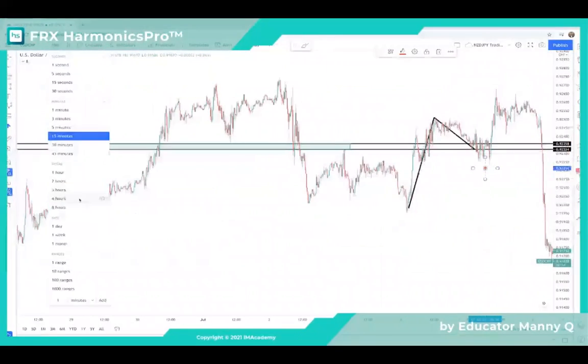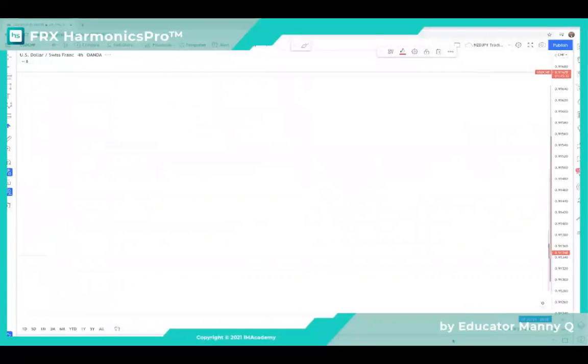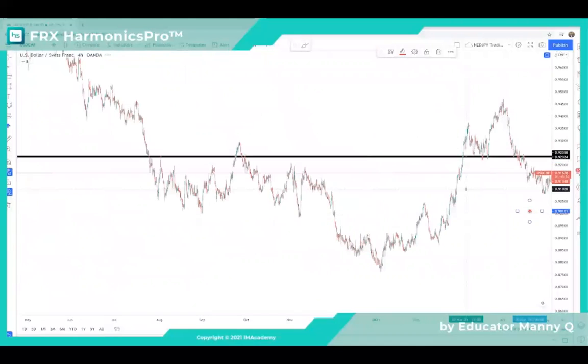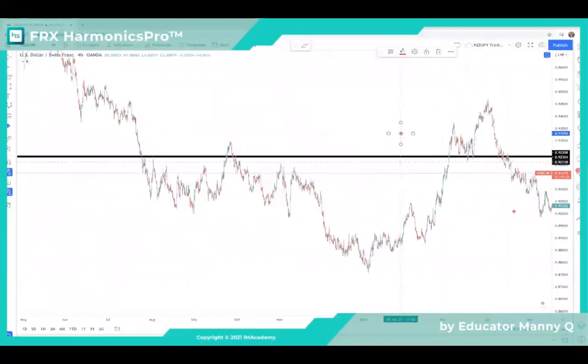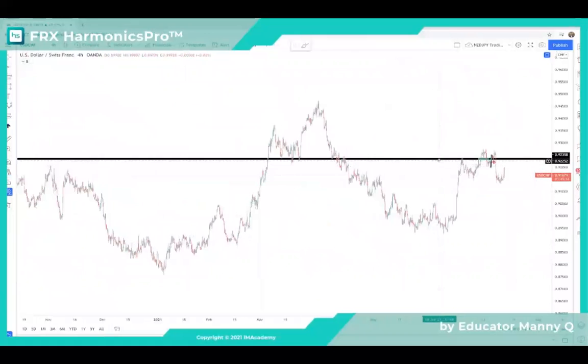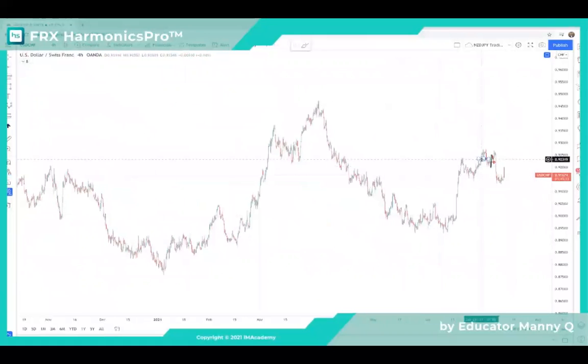So as an example, let's say I want to come over to a 4-hour market, okay? Let me delete these arrows. Let's say I'm coming over to a 4-hour market. I can use a 4-hour market to help me determine price reversal zones for a larger time frame.